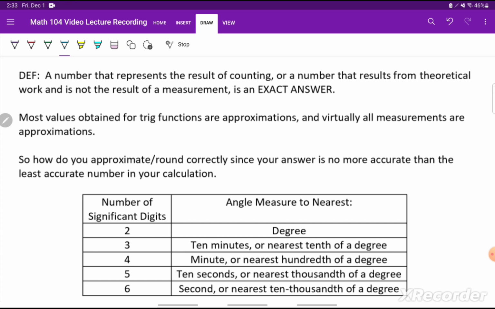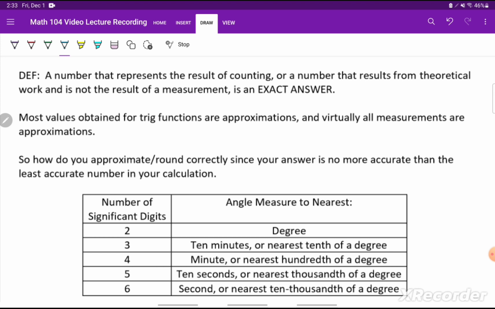A number that represents the result of counting, or a number that results from theoretical work and is not the result of a measurement, is called an exact answer. And that's what we like to work with the most in math, especially as we get into higher level math. Most values obtained for trig functions, however, are approximations.